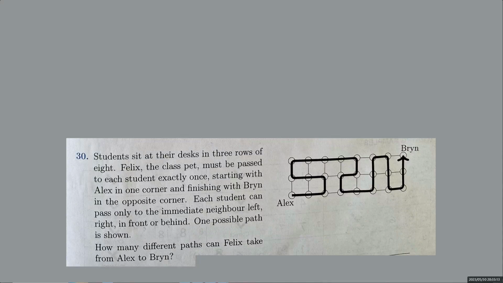Each student can pass only to the immediate neighbor, left, right, in front, or behind. One possible path is shown. So how many ways can we go from A to B?